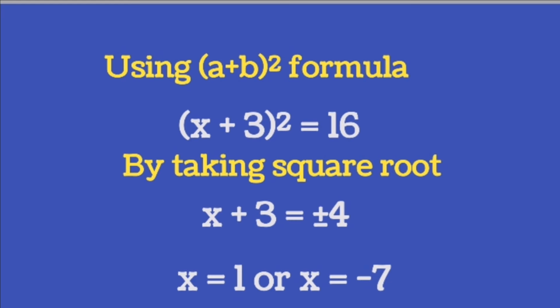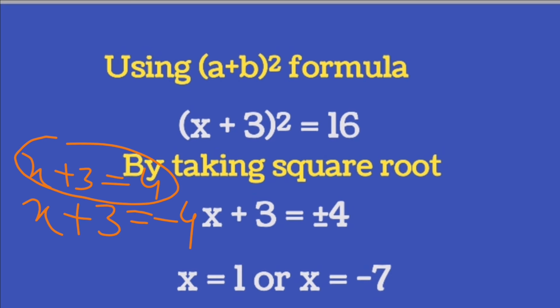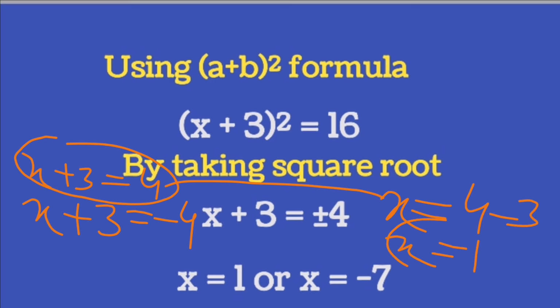So the last step becomes x plus 3 is equal to 4, and x plus 3 is equal to minus 4. So from x plus 3 is equal to 4, we get x is equal to 4 minus 3, so x is equal to 1. So one solution is x is equal to 1.